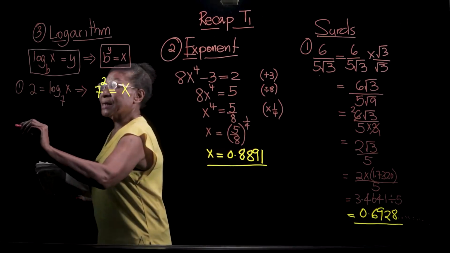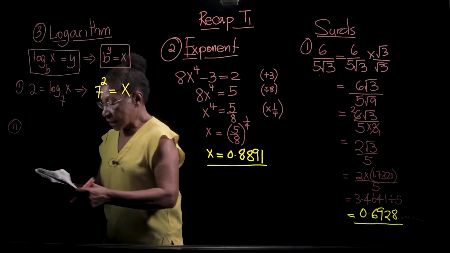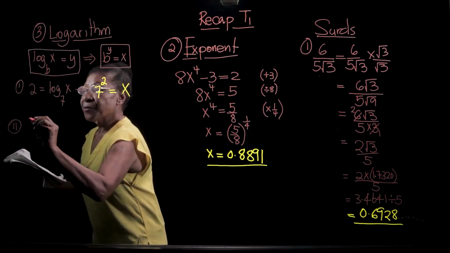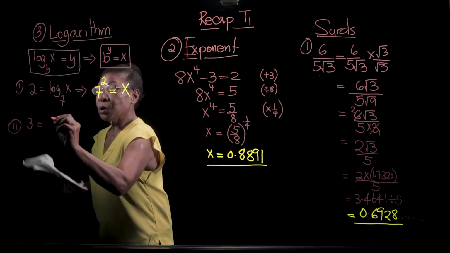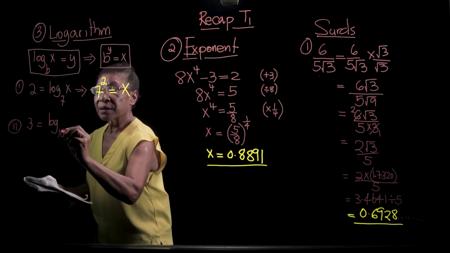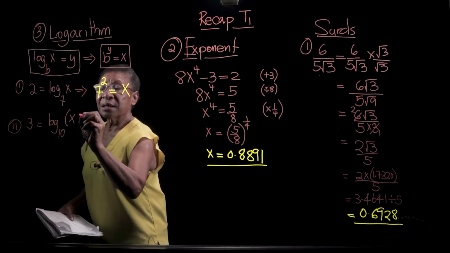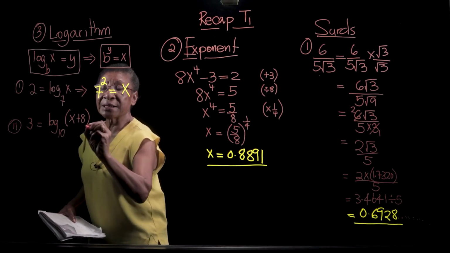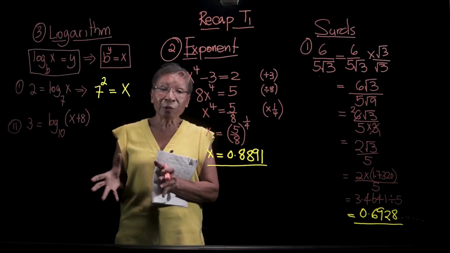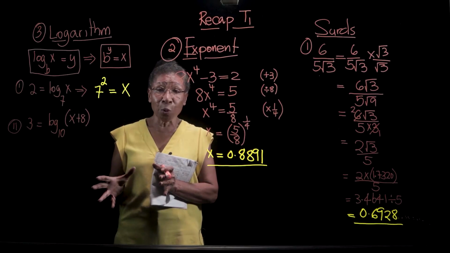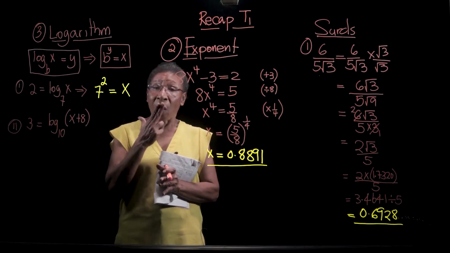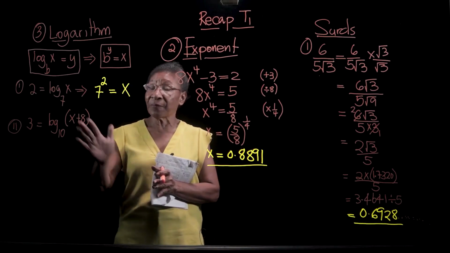Now, the second example would give us 3 is equal to log base 10 of (x plus 8). Note that x plus 8 is bounded by a parenthesis or grouping symbol. That means that x and 8 is one number when we calculate the value of x.